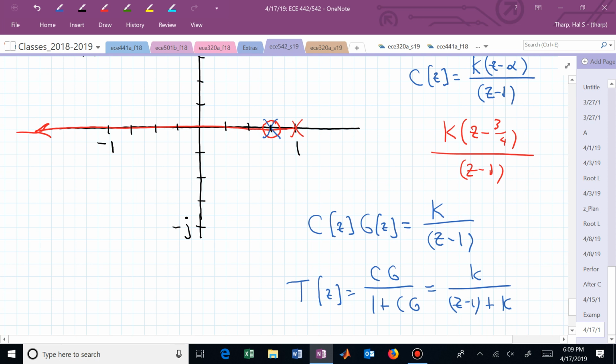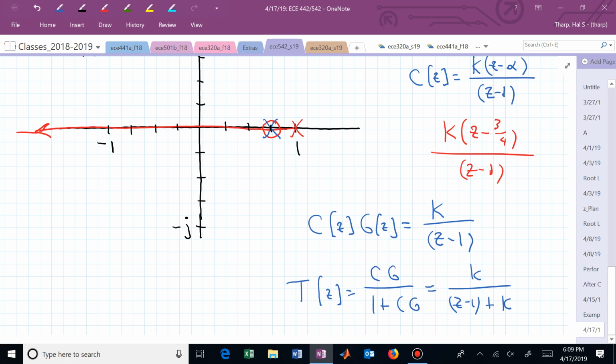So now the question is, is k still a proportional gain? Yes, k is the proportional gain, but now you also have this integrator in your system. You now have a PI controller that involves a zero location and a proportional gain.